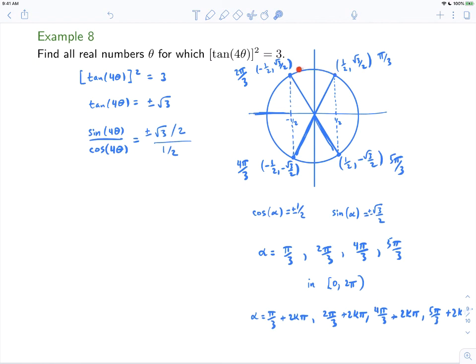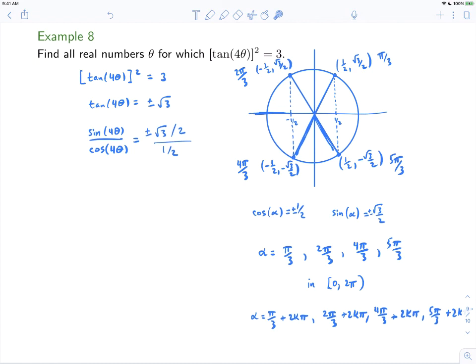But we could also just go a half rotation, a rotation by pi, and that would take us from one angle that works to another angle that works. Similarly, 2 pi over 3 plus pi is 5 pi over 3. So if we're at 2 pi over 3, we can do either a full rotation to get to a coterminal angle, or a half rotation to get to a different angle that also works.